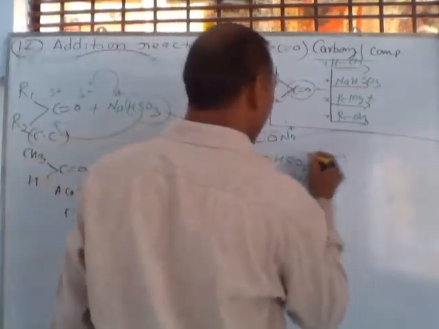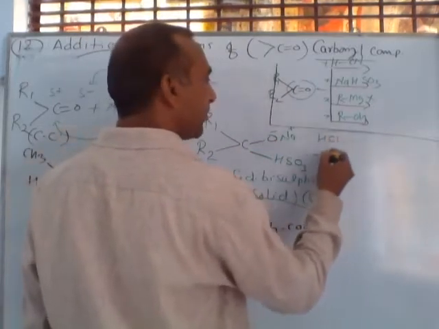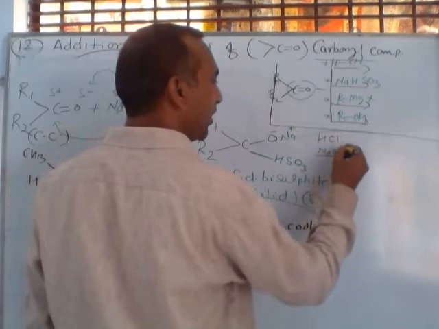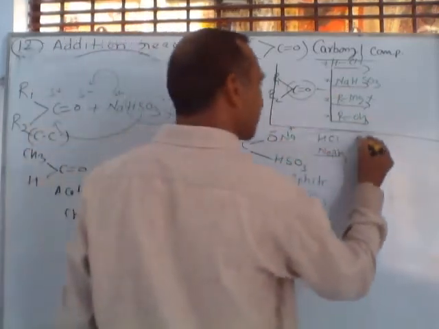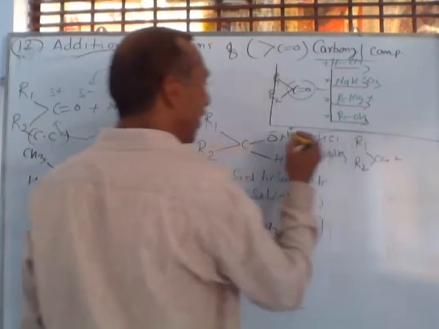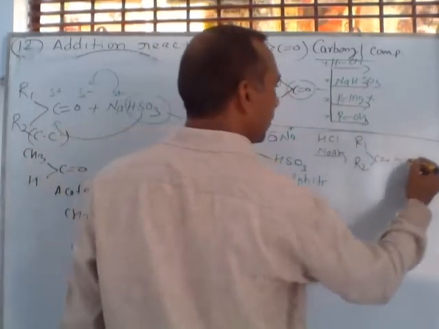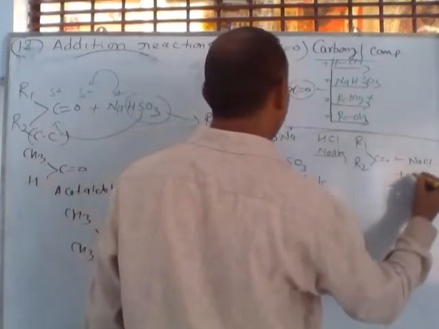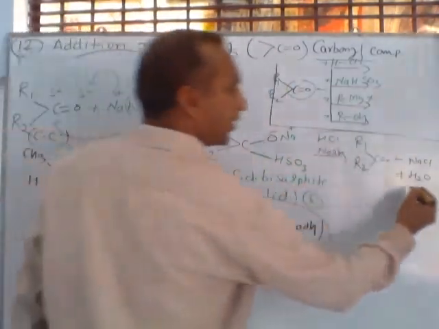If you treat this sodium bisulfite with any acid, otherwise any base, then you can obtain your original compound, meaning R1, R2, C double bond O. If you react with HCl, the side products are NaCl, H2O and SO2.